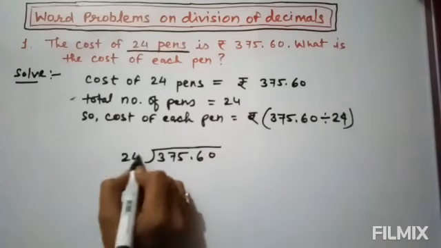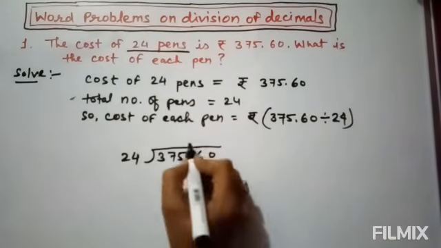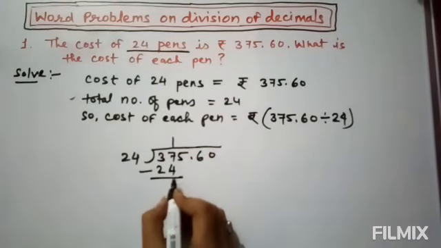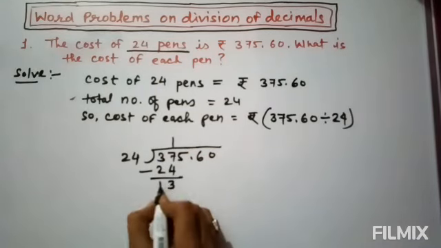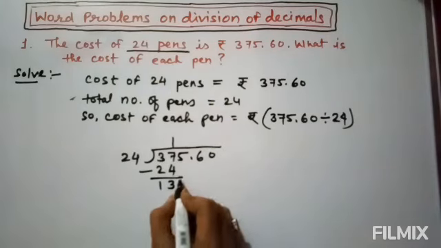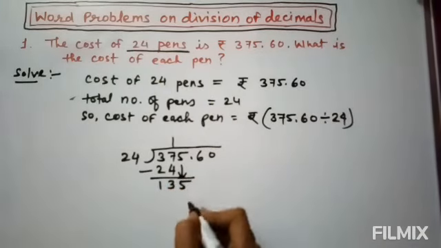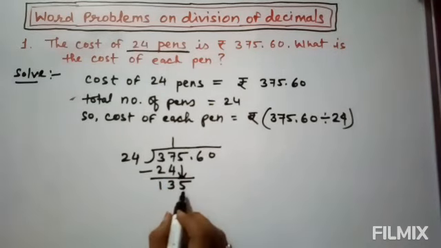Divide by 24. 24 ones are 24. Subtract the number. The next number we will have is 5. Drop it down. That number is 135.